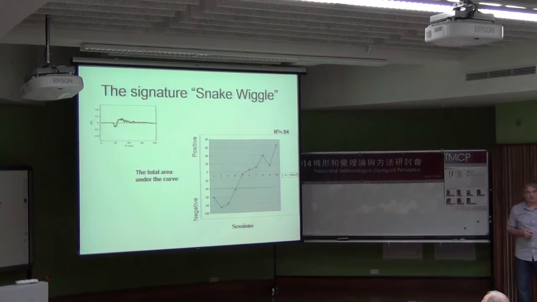Now, there's another property worth paying attention to: it starts from negative, the total area of the SIC function is negative, and then as you progress into the practice, it becomes positive, with a pretty high R squared, so this is very trendy. So there's one regularity here.